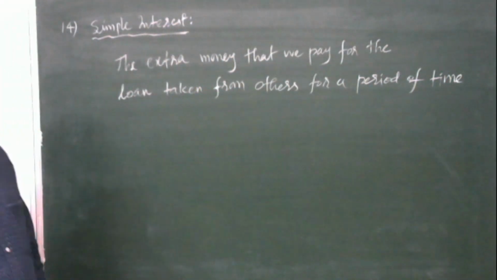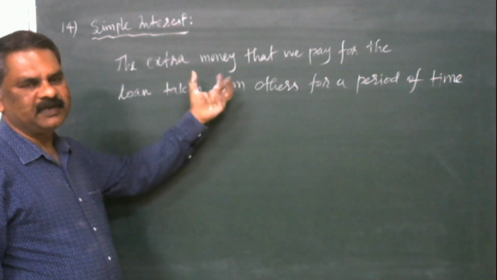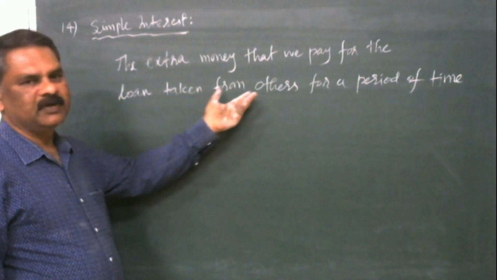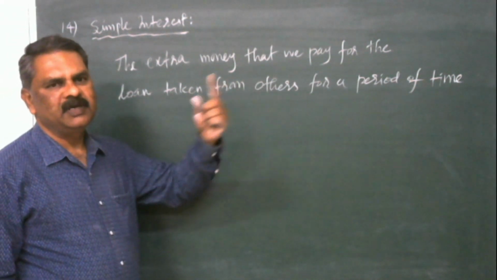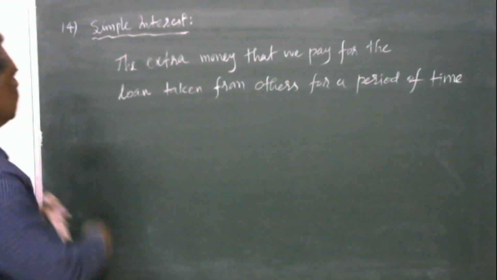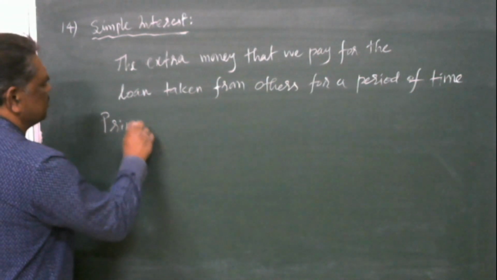We will be paying some extra money for getting the loan from others for a given period of time. Generally the time period may be 1 year.